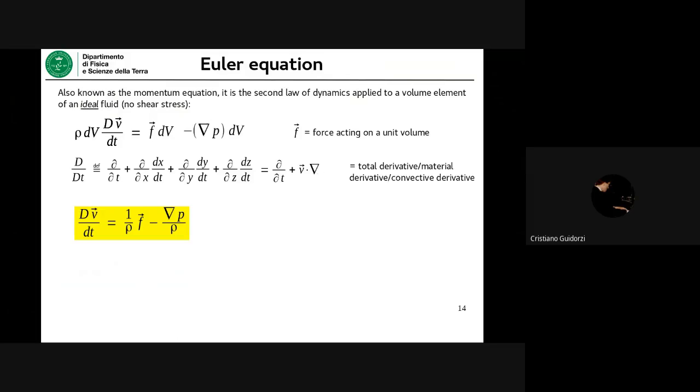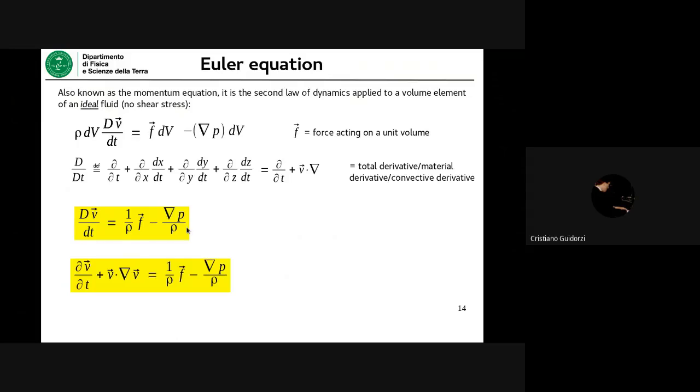So rewriting the second law of dynamics applied to it, you can just remove dV on both sides of the equation, and then dividing by rho, you have the total derivative equal to 1/rho times the forces.